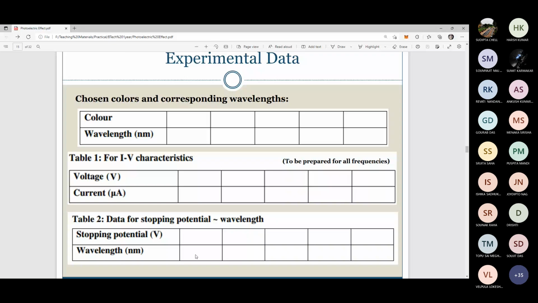Then you come to this table. With the change of voltage, you note down the current. Then when the current is 0, you put that corresponding voltage here. This is one set of data. Then you change your wavelength and repeat this table. And when the current is 0, you put that particular voltage. Like this, you fill up this table, and this table is your experimental data to plot the graph.